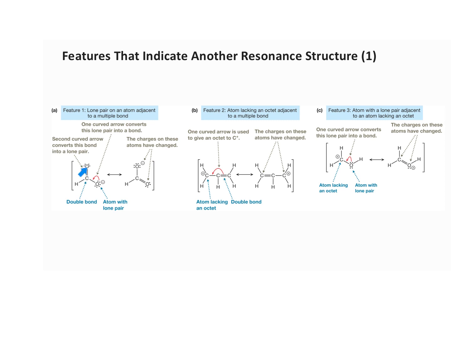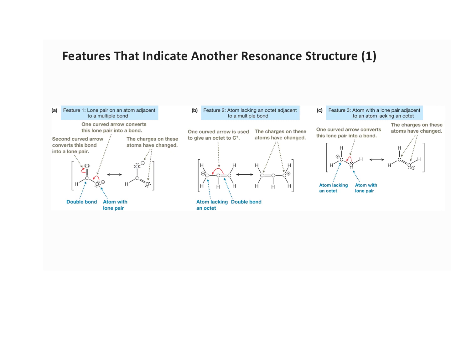So we have a multiple bond here, and we have a lone pair here. And so that is an indication that we could have a resonance structure where these electrons move here and form that double bond, and these electrons move up to be on this atom, okay?